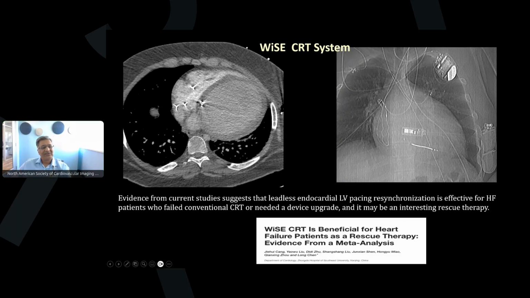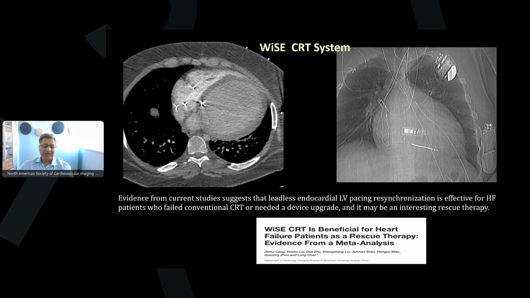So typically ICD leads are not placed in the left cardiac chambers, the reason being there is increased risk of thromboembolism and infections. So they're typically placed in the right atrium, right ventricle, or a coronary vein through a coronary sinus. This is unusual that it is placed in the left side of the system.